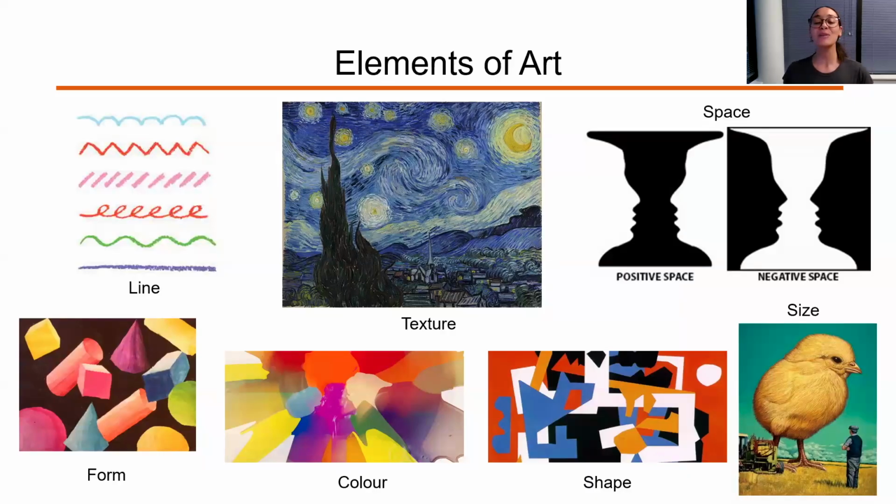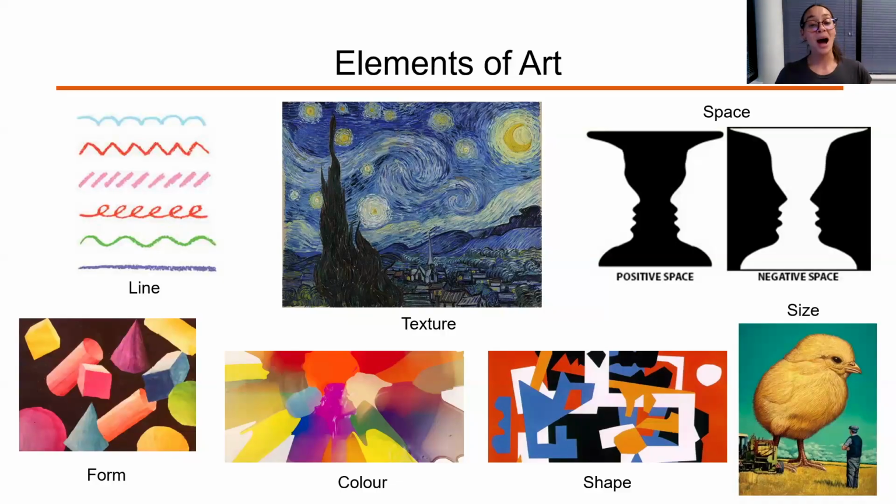So, the elements of art. Art is built upon key elements that help us understand and create visual expression. Each element works together to communicate ideas, emotions, and movement within a piece. So I'm going to draw your attention to this beautiful slide here, and I want you to draw your attention to the image where it says line.